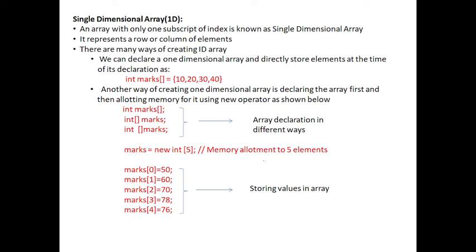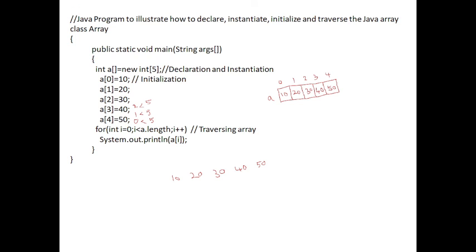In today's class we discussed the definition of a one-dimensional array and how to create it. We also saw a program related to one-dimensional arrays, that is how to create, declare and instantiate, and how to traverse the array. Okay, thank you.